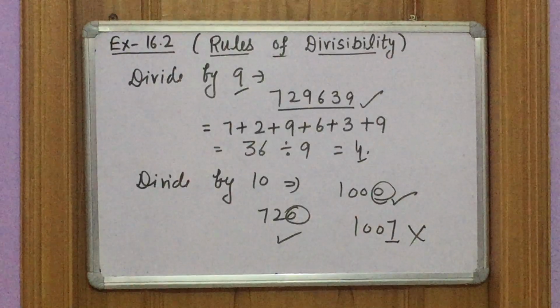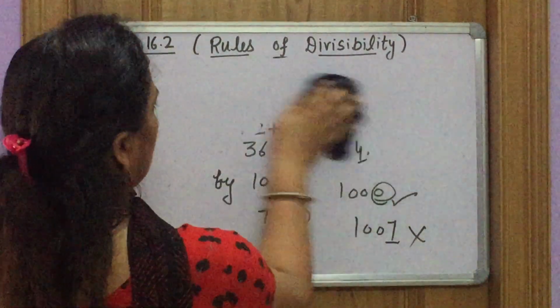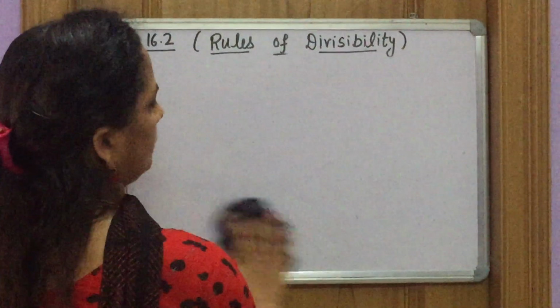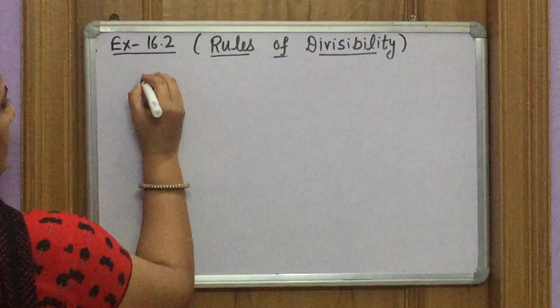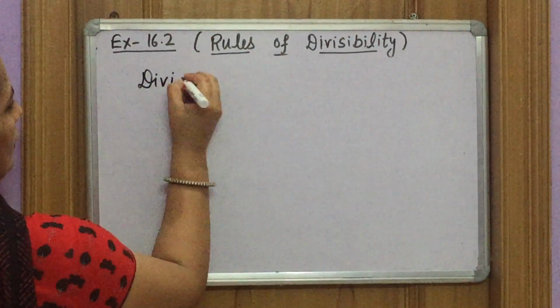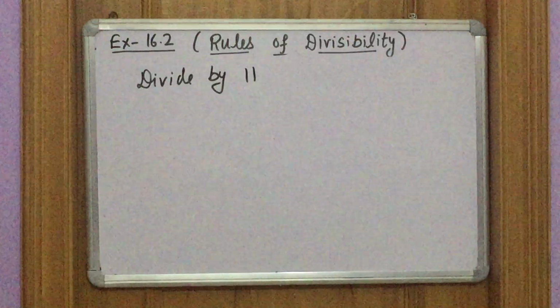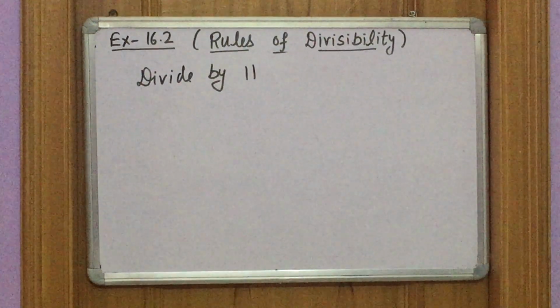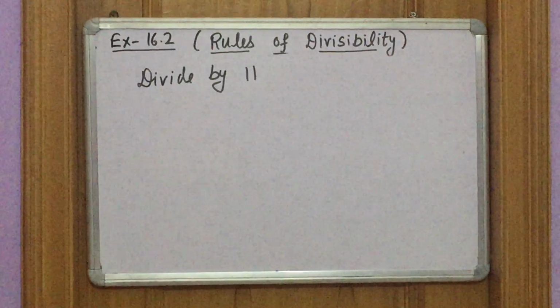Last rule is divisible by 11. To check whether a number is divisible by 11 or not, what will we do?